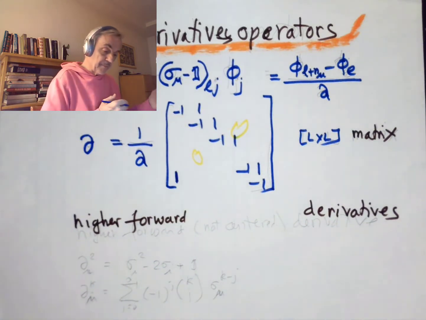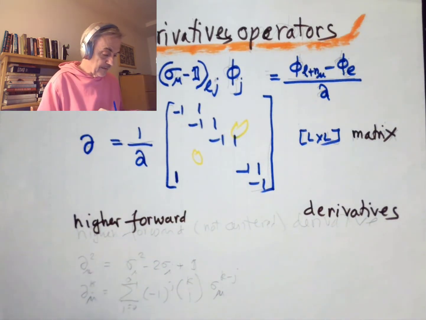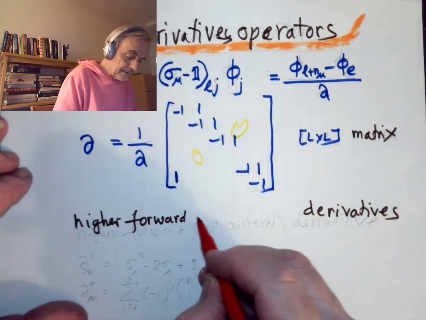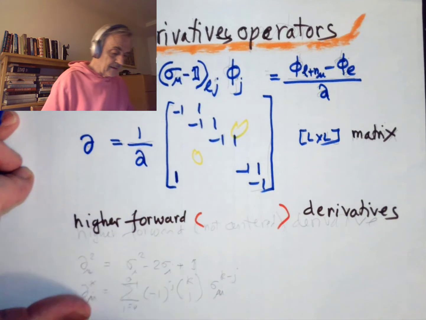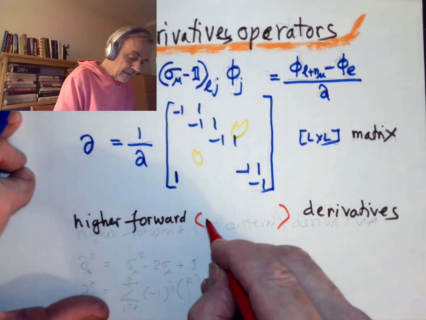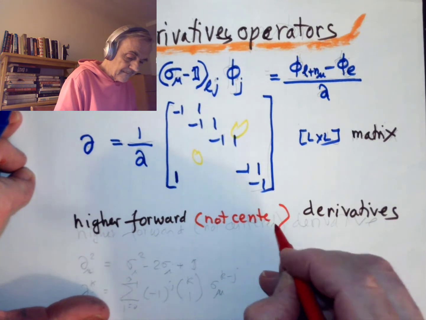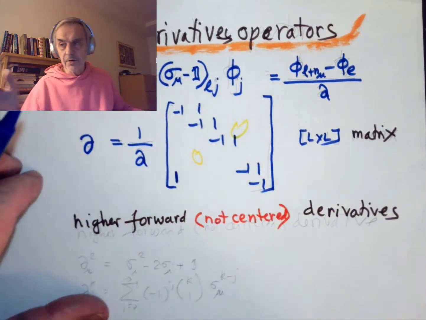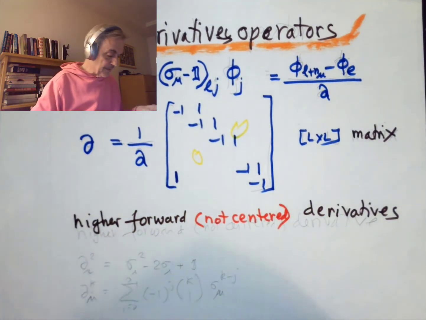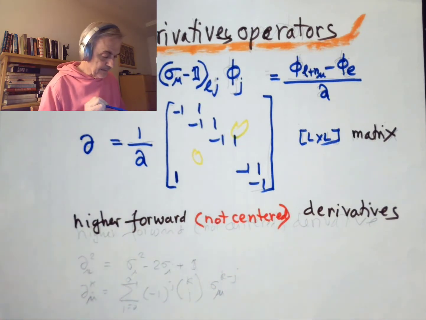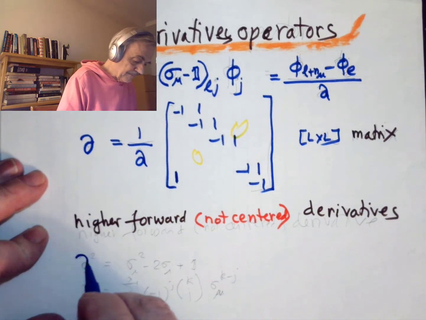We could have compared with a point in the negative direction. So that becomes more dramatic when I take higher derivatives, and you'll notice they're not centered. They kind of compare stuff in the same direction. Doesn't mean much right now, but you'll see pretty soon why.